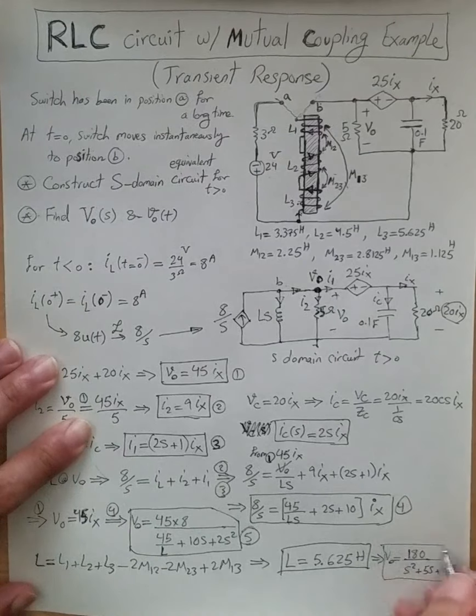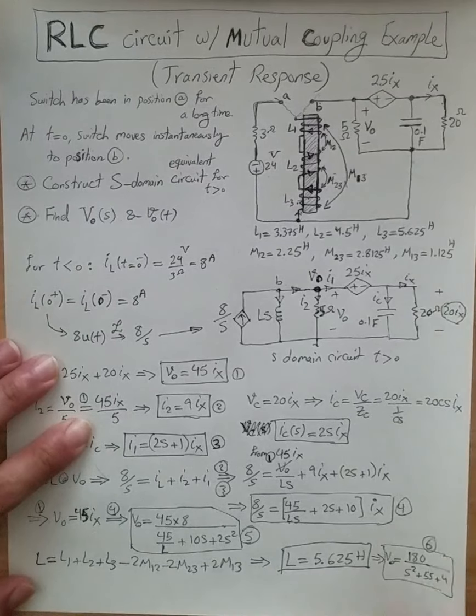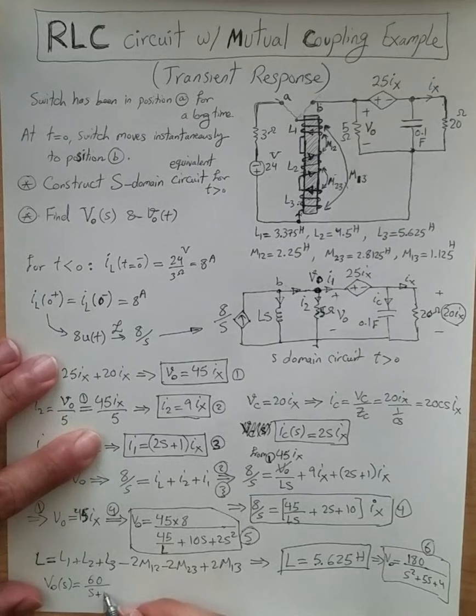Okay, so this is our equation 6, and from here it's very easy to see what Vout of S is, which is simply 60 over S plus 1 minus 60 over S plus 4.